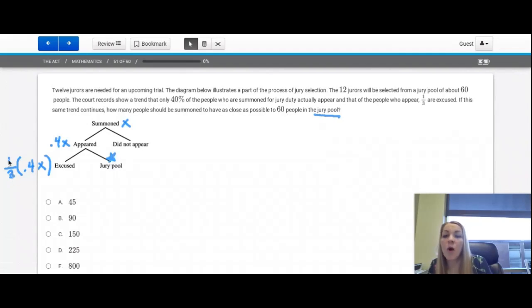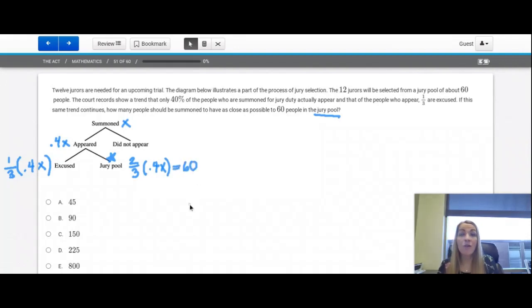Since 1/3 are excused, we need 2/3 for the jury pool. So I'm going to say 2/3 of the 40% of the people that are summoned, and I want that to be as close as possible to 60. So I'm going to set this equal to 60.